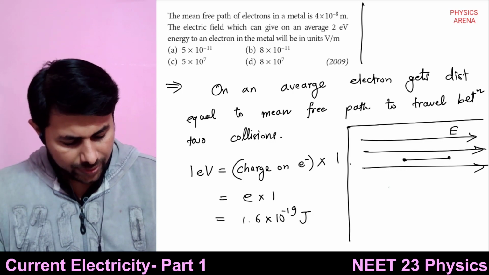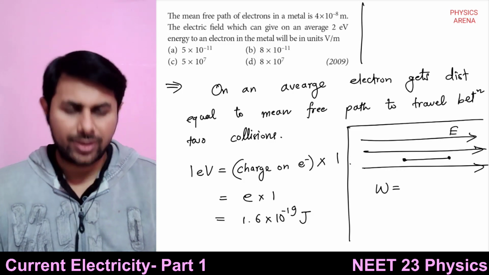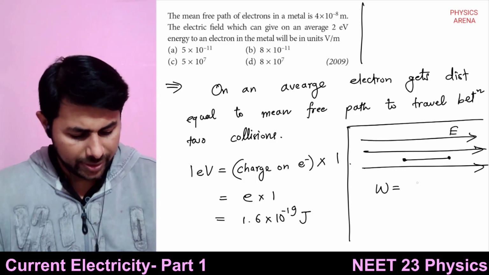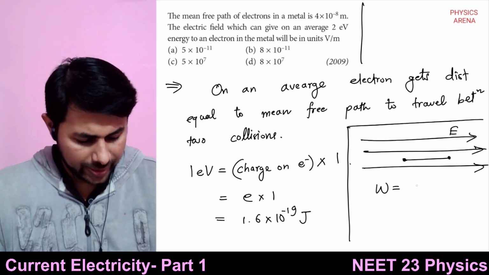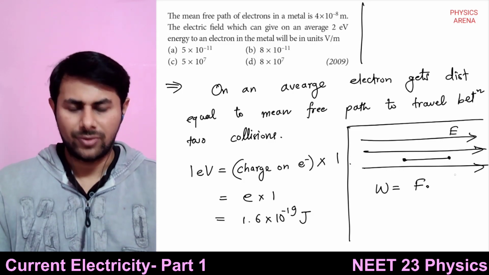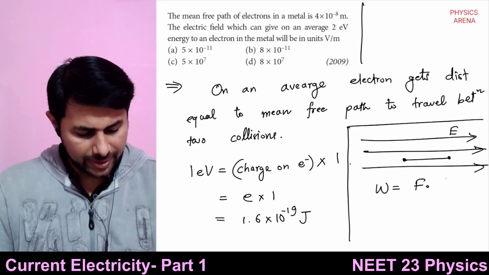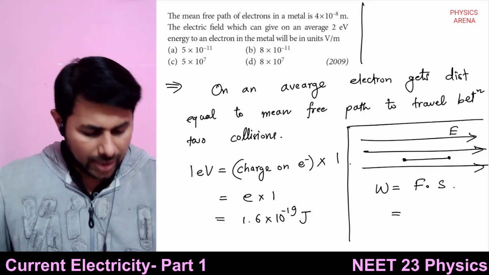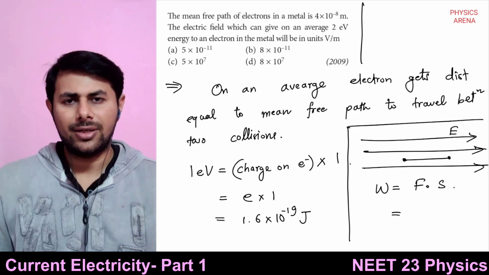Okay, so we can say there will be some work done. Work done will be equal to what? It will be force multiplied by displacement. Okay, force multiplied by displacement. So how much is force on electron in an electric field?